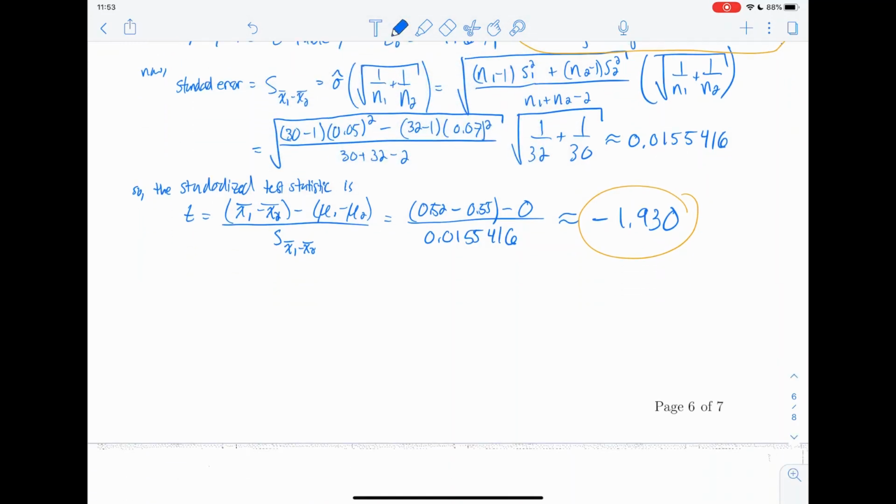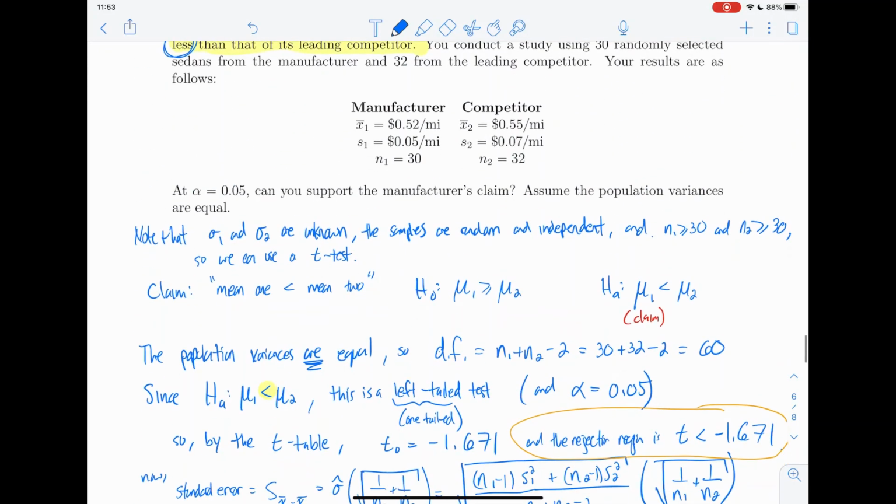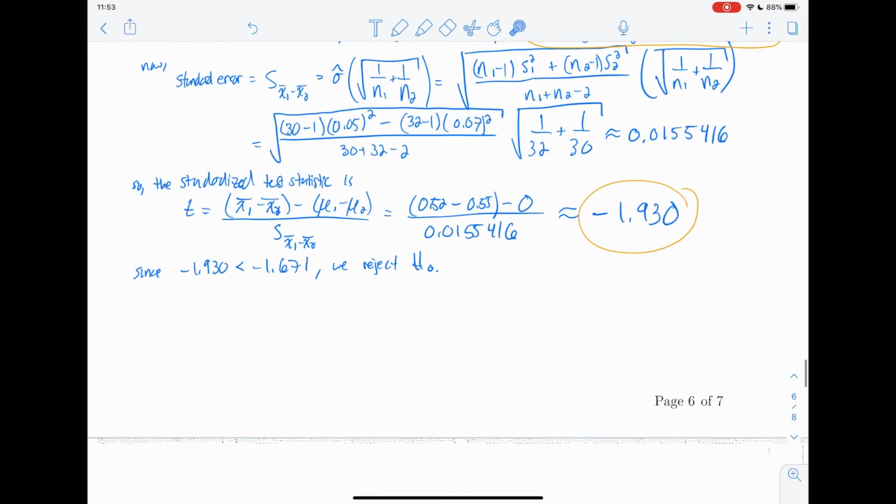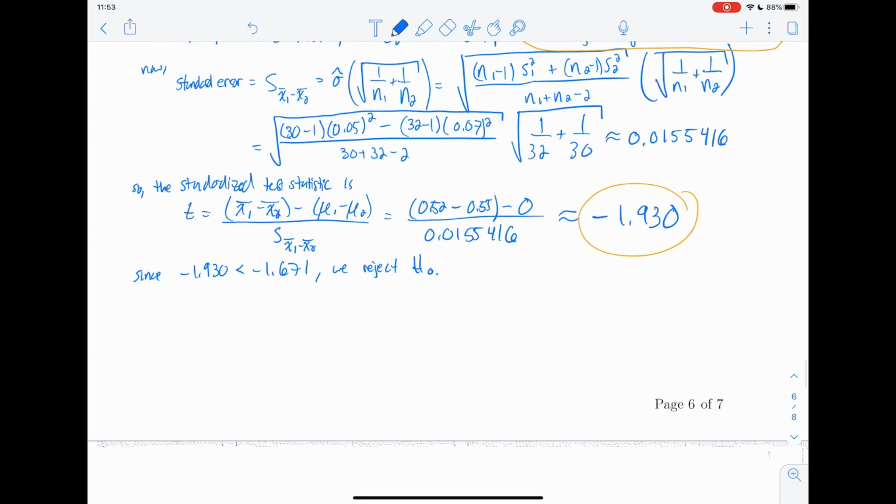So what we're going to say here is that since negative 1.930 is less than negative 1.671, we reject the null hypothesis. What does that mean? What this means is that we are going to reject this null hypothesis, and since the claim was the alternate, there is enough evidence to support the given claim.